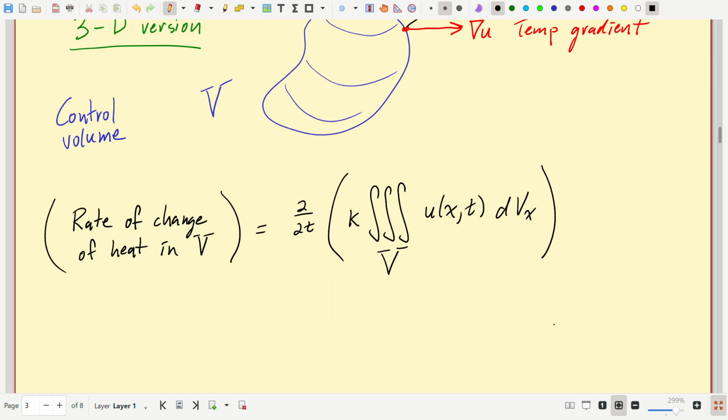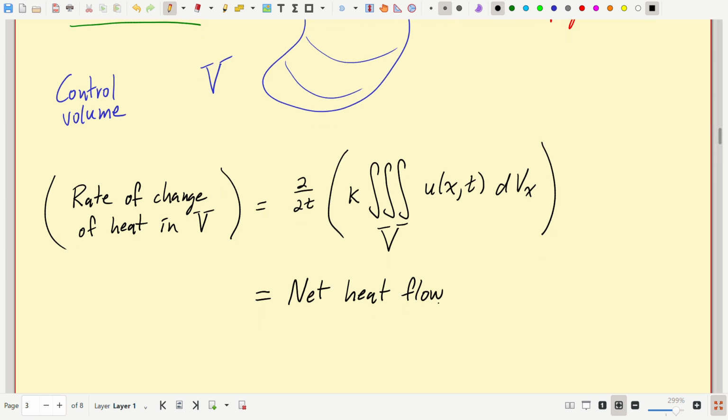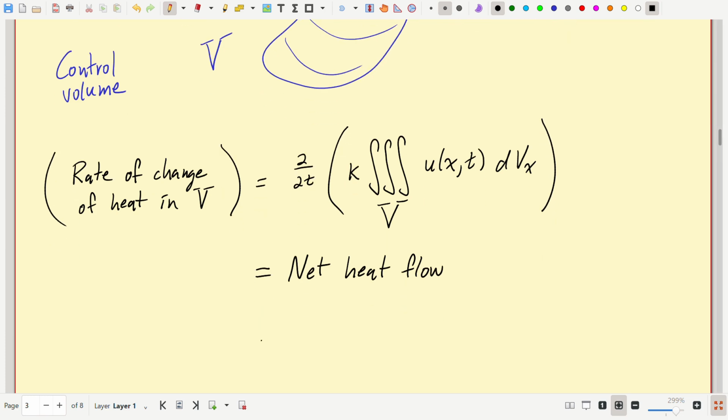And so that rate of change would have to equal the net heat flow. That heat is either going in or out. Net heat flow.